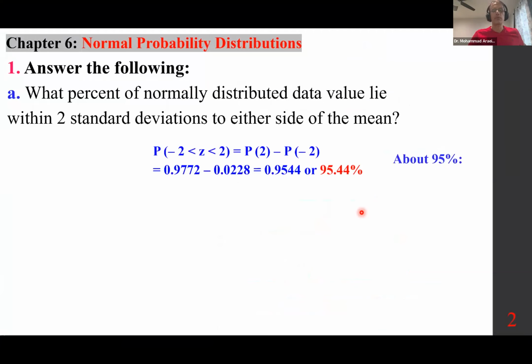If we were to figure out precisely what happens, we would use the formula: the probability of z between -2 and 2 is the probability of 2 minus the probability of -2. And we would look up the z table or technology, and the difference between the two is 0.9544 or 95.44%.